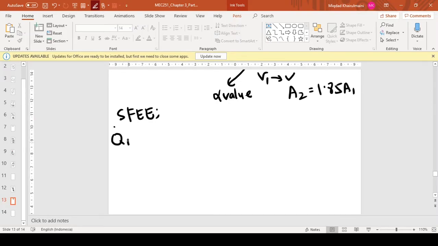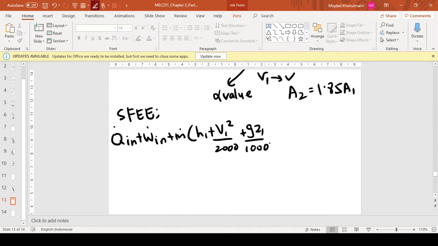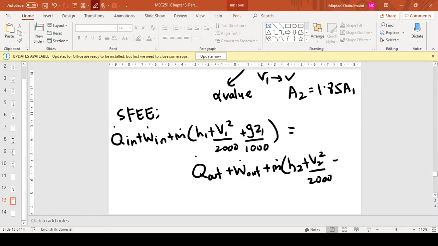So we can try to use the SFEE. We have to write down the general equation first, on the inlet side and then on the outlet, or exit, side. The SFEE you should memorize, so there shouldn't be any problems writing it. With the general equation, we can cancel terms based on the condition.